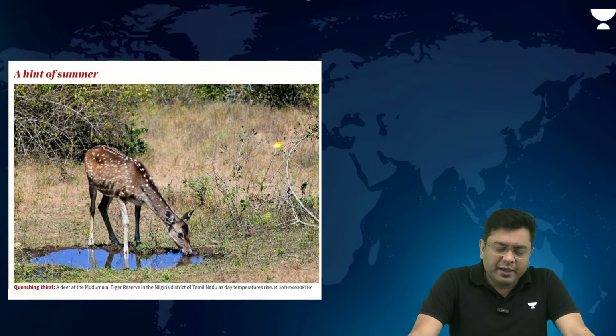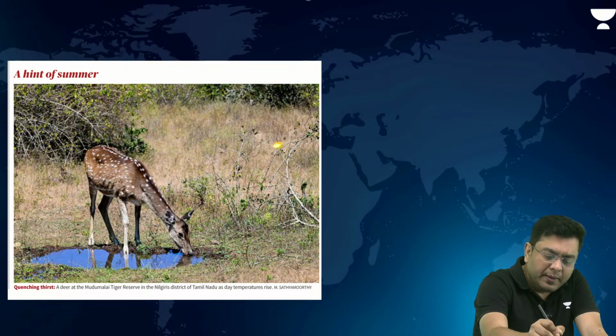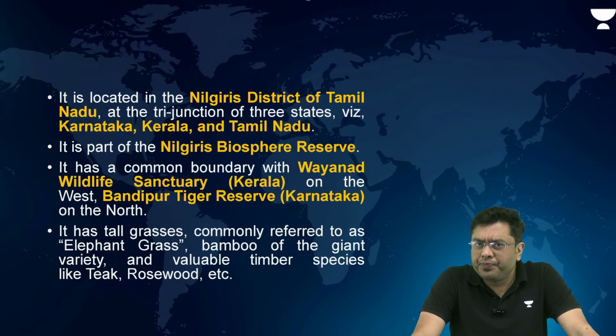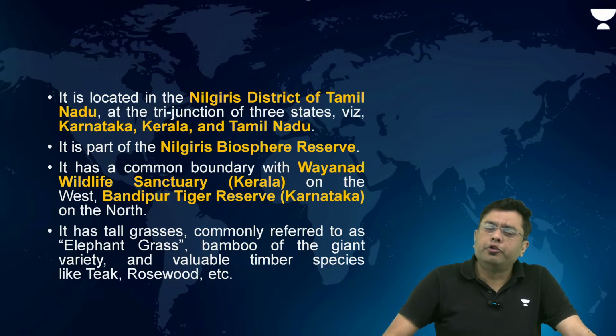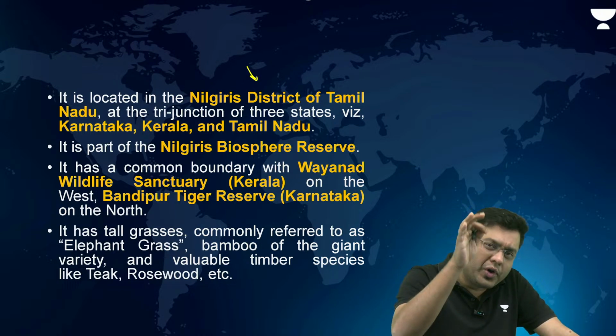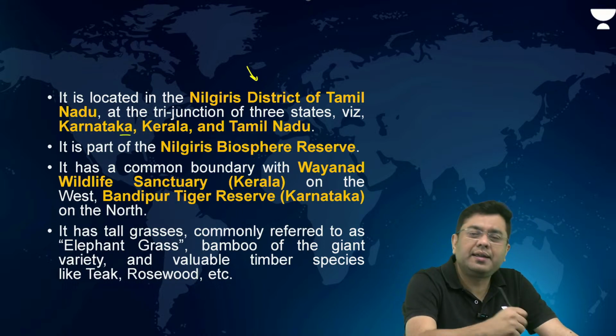First of all, this is an image which has appeared on the first page of the newspaper itself. So this is about the Mudumalai Tiger Reserve, a place in news obviously. It is located in the Nilgiri district of Tamil Nadu at the tri-junction of Tamil Nadu, Karnataka and Kerala.